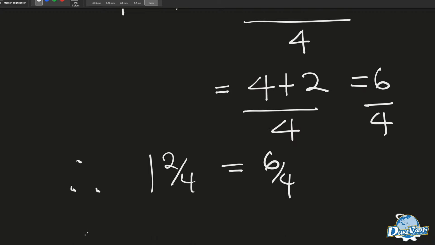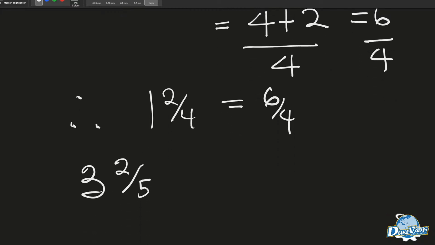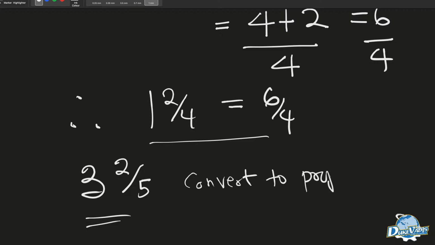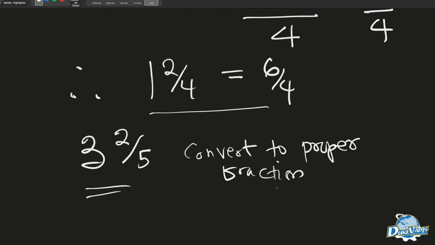If we have 3 whole number, 2 over 5, let's see how we'll do it. So that one, they say convert to proper fraction.